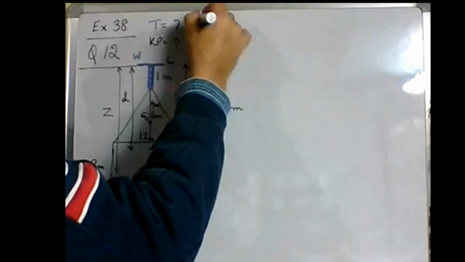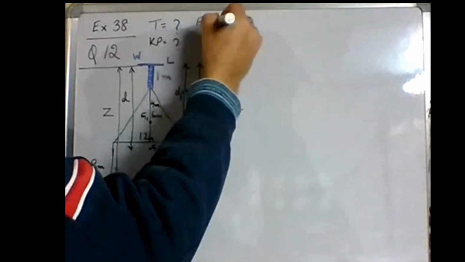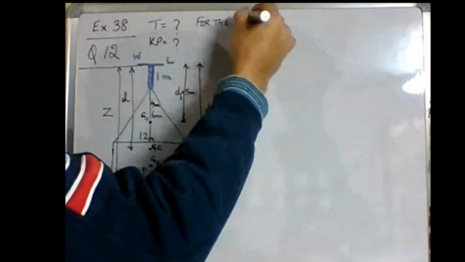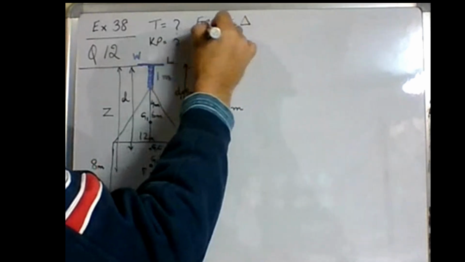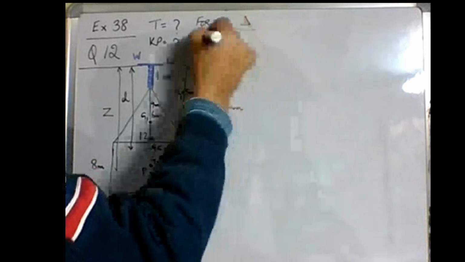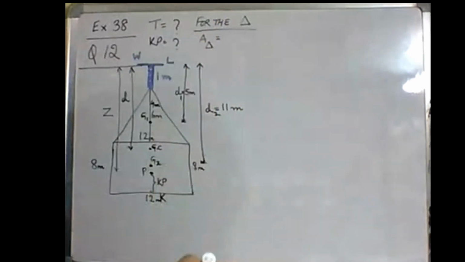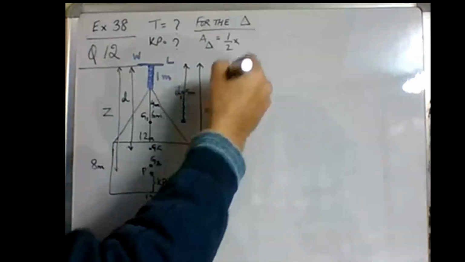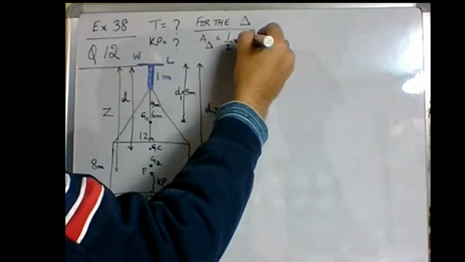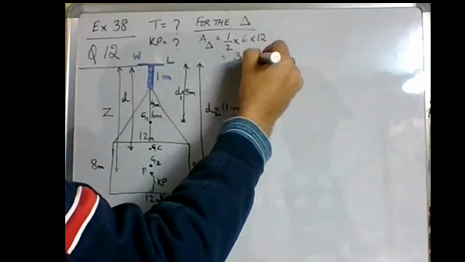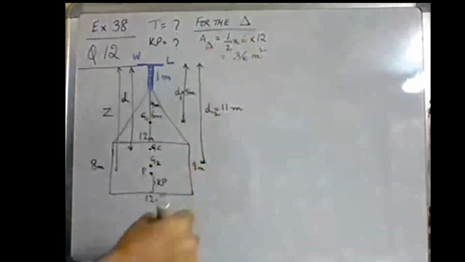So let us say for the triangle alone, what is the area of the triangle? Half into 6 into 12 is equal to 36 meters square.